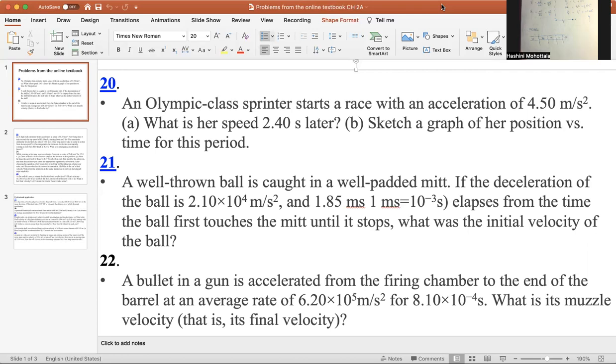So the sprinter starts, and when someone is starting a race, obviously that person has a 0 initial velocity. And then the acceleration the person has is 4.5 meters per second squared. And the question, part A, asks, what is her speed 2.4 seconds later? So that means the problem gives us the time also, and the time is 2.4 seconds.